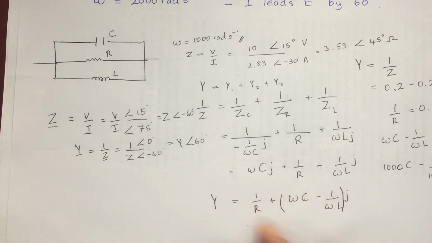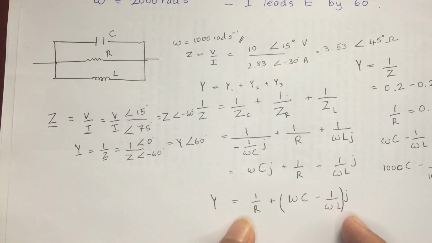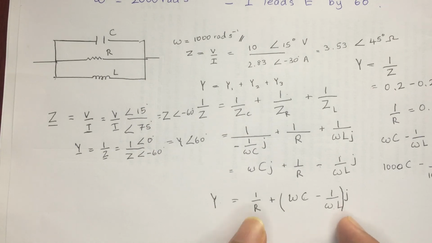So how do we find the polar form angle here? If you have the complex number in Cartesian form, you can directly take the magnitude using the root of the real part squared plus the imaginary part's coefficient squared.